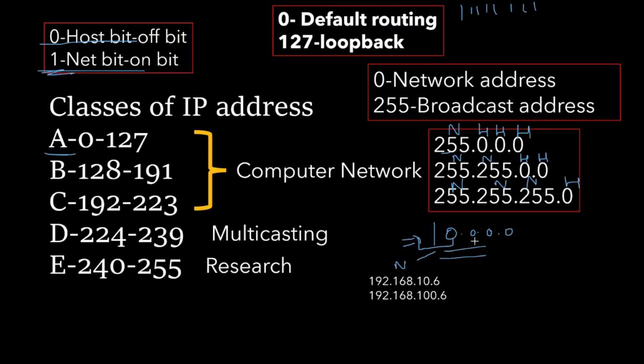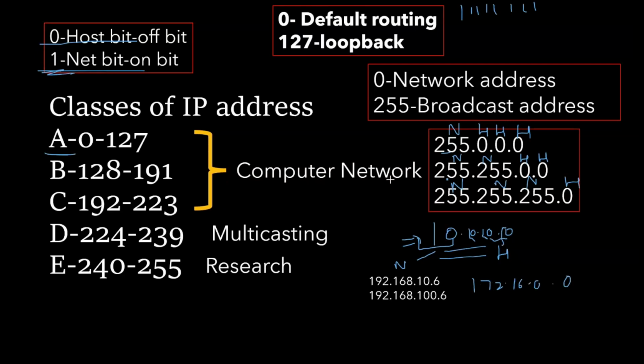The second, third, and fourth fields are for host, so we can make changes in these fields. You can write any IP address in the same range, like 10.10.20.50. And in class B, if I write one IP address of class B, like 172.16.0.0, I have written that IP address.